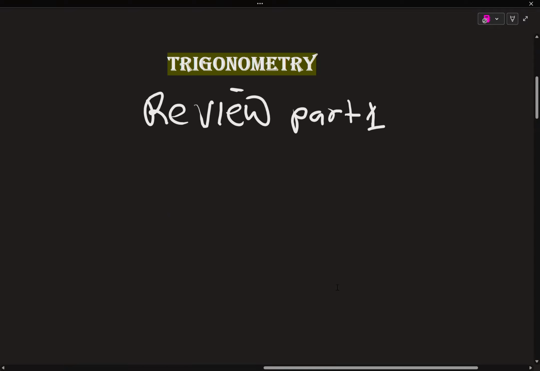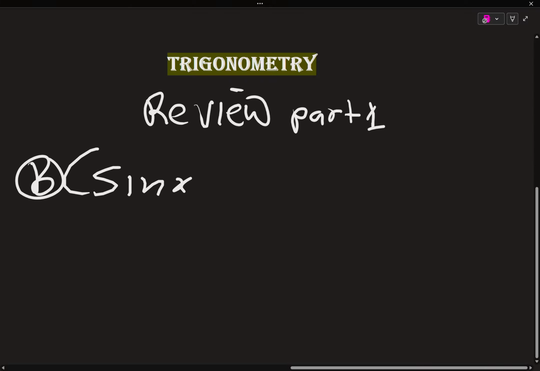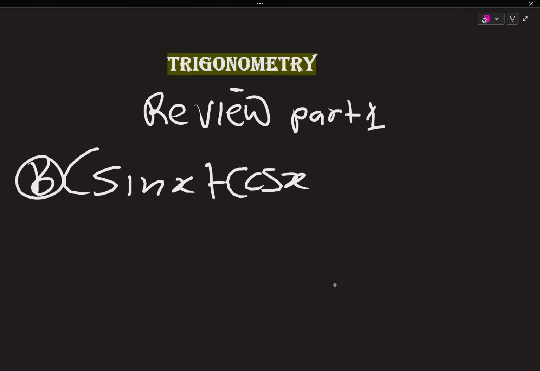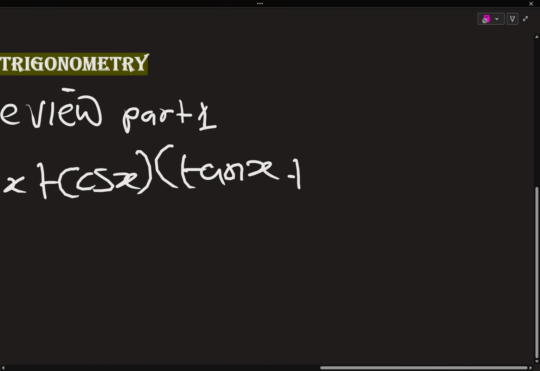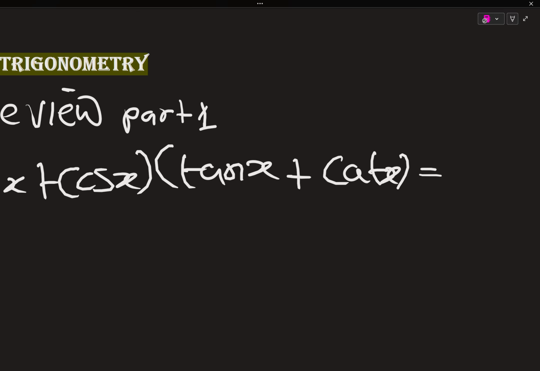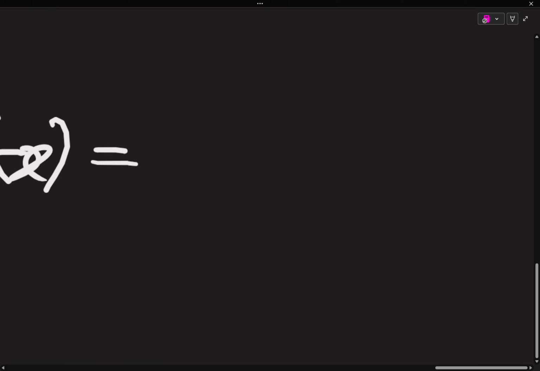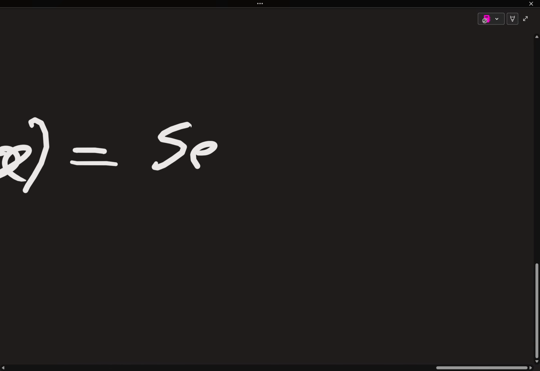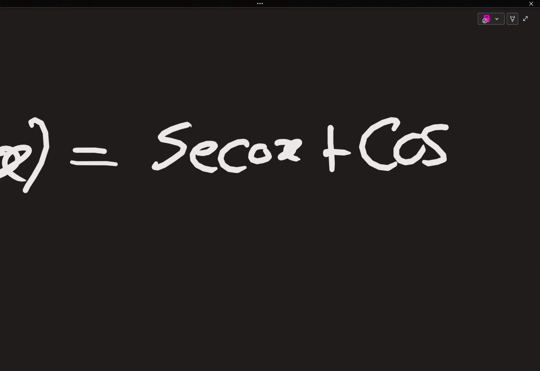Let us look at our second example. So our second example is simply (sin x plus cos x)(tan x plus cot x) is equal to sec x plus cosec x, right?